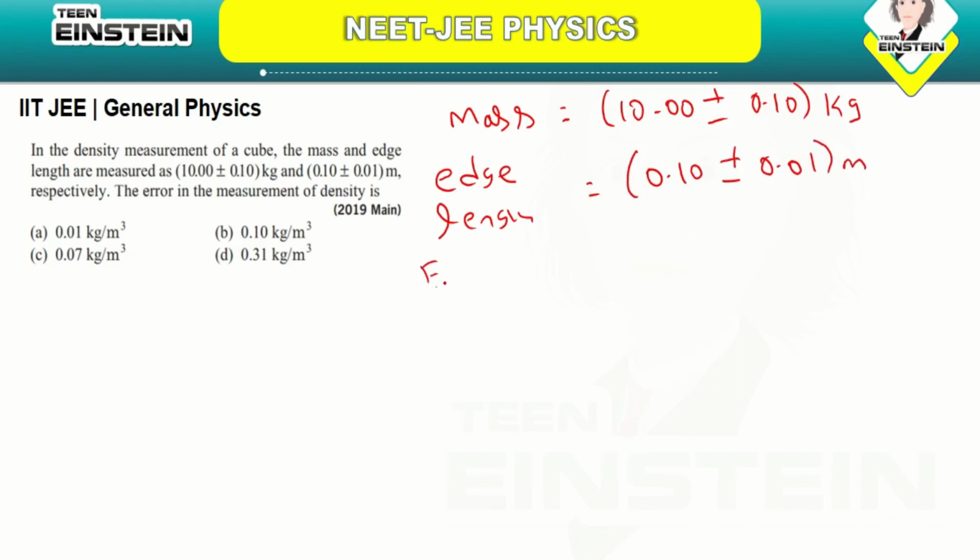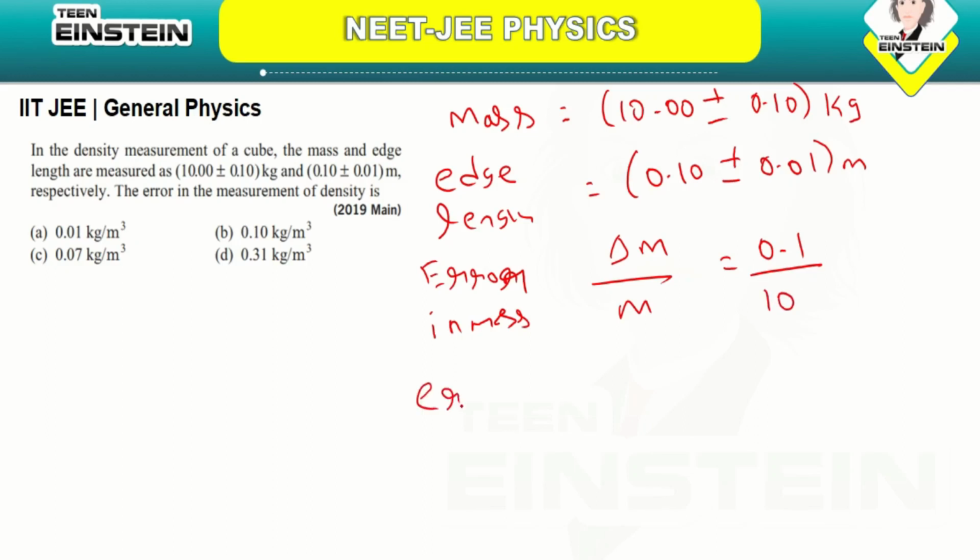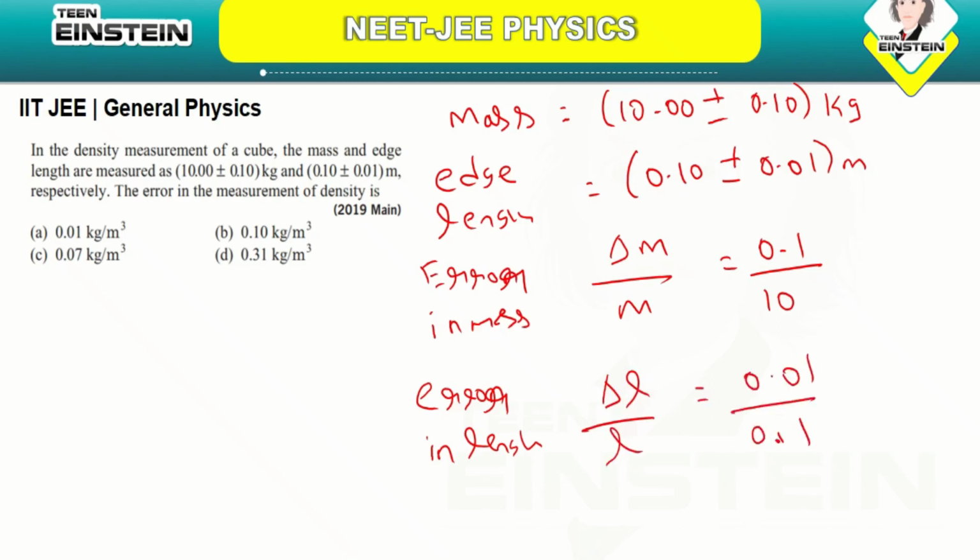The error in mass is given by del m by m is equal to 0.1 by 10, and error in length del L by L is equal to 0.01 by 0.1.